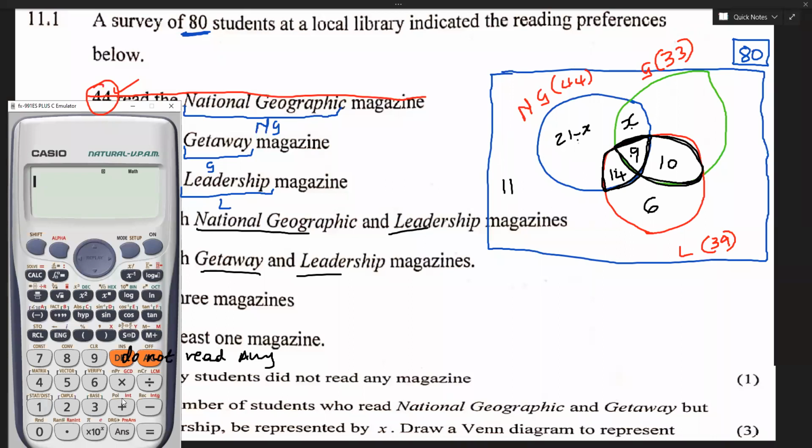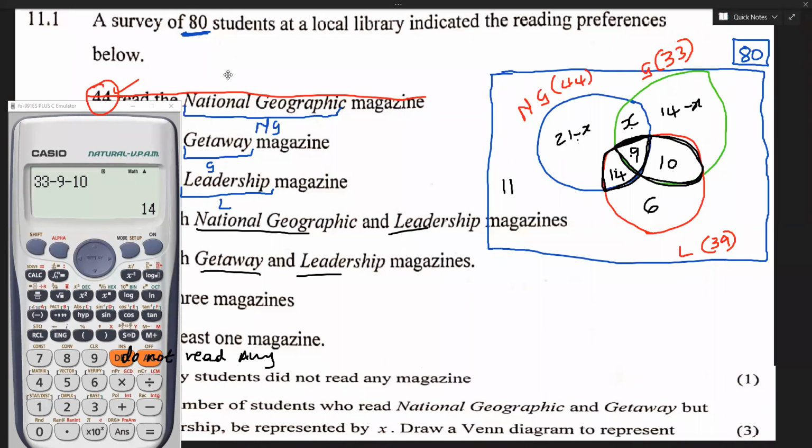So we have 33 there. Then we need to minus this, that, and that. Remember the X I said you don't press it on a calculator, you'll just show it like here at the end, right? So I'm just going to minus 9 and 10. And then I have 14. So it's going to be 14 minus X then. Sharp. And then I'm done drawing my Venn diagram, right?